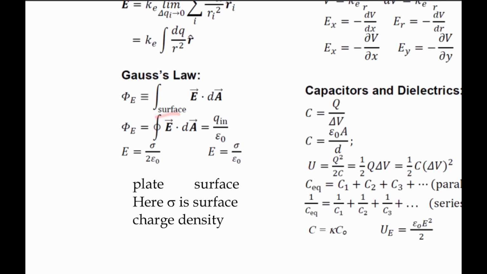What is the surface? It is the Gaussian surface. We will talk about that in a second. And inside of the integral is the electric field producing the flux. dA, which is the vector defining the surface that the flux is going through, dA.